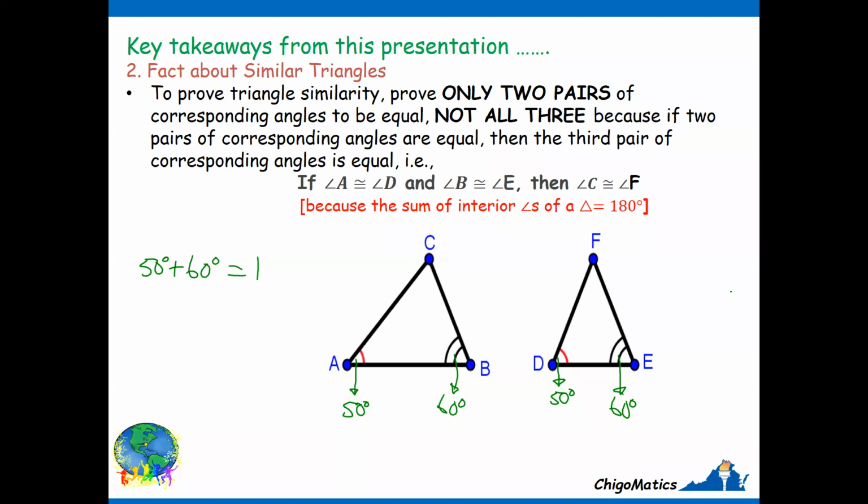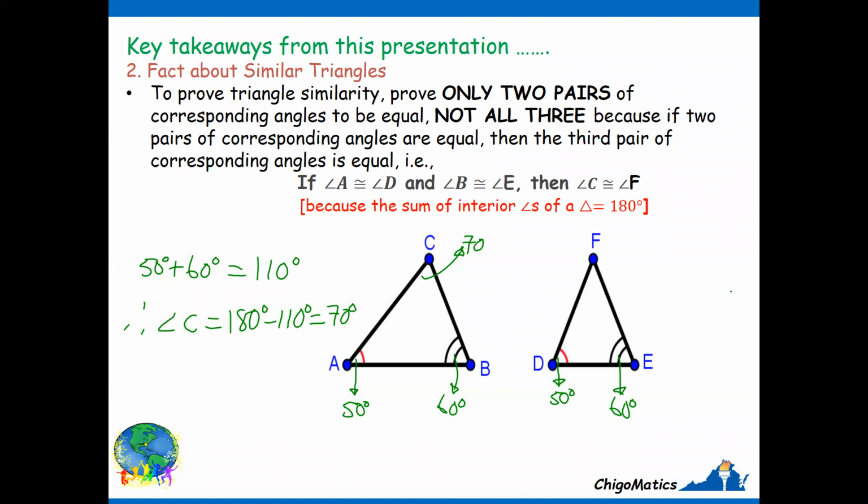I get 110 degrees, right? The fact that we know that the sum of the interior angles of a triangle is equal to 180, then to get C, angle C is equal to 180 degrees minus 110 degrees, and this will give me 70 degrees. So my C is 70 degrees, isn't it?